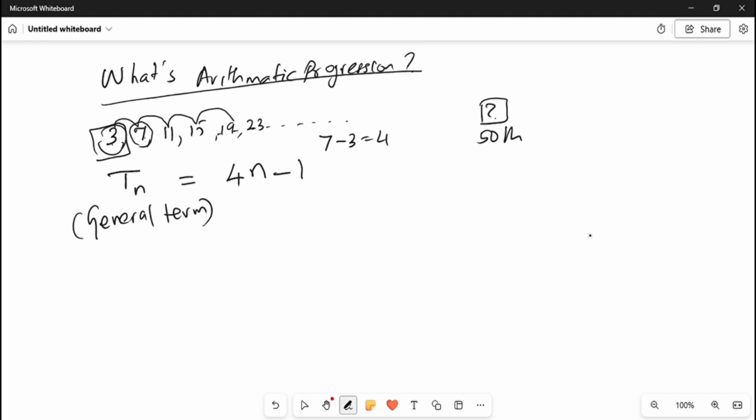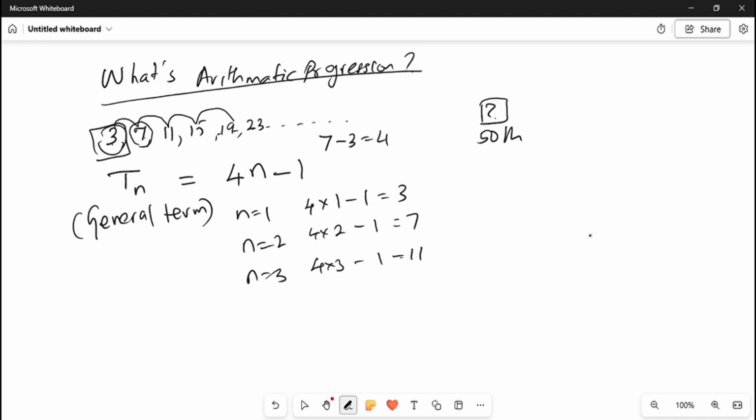Now the first term is when n is 1. So 4 into 1 minus 1 is 3. Second term, T2: 4 into 2 minus 1 is 7. Third term, T3: 4 into 3 minus 1, 12 minus 1, is 11.